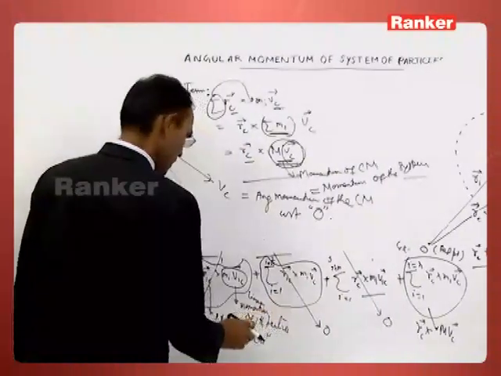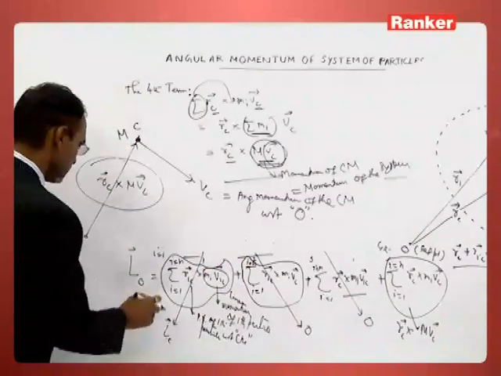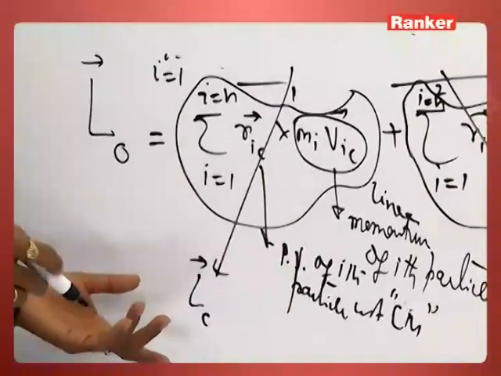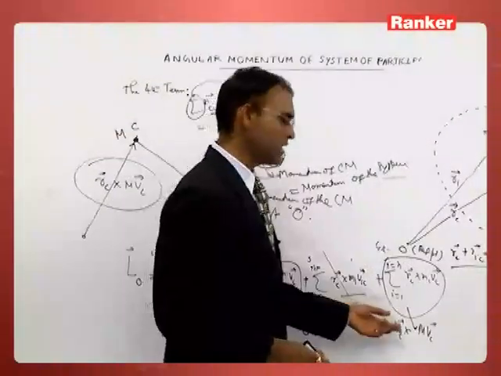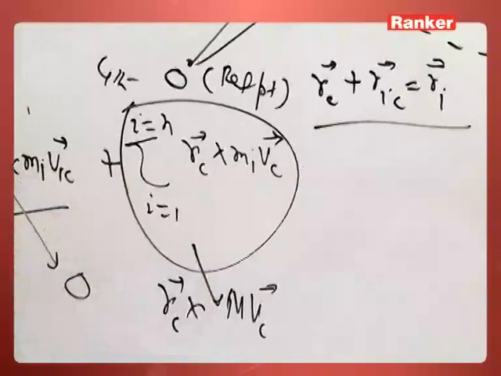Therefore, we are left behind with two terms. This is L_C, the angular momentum of the system of particles measured with respect to the center of mass, and this is the angular momentum of the center of mass measured with respect to the given reference point.